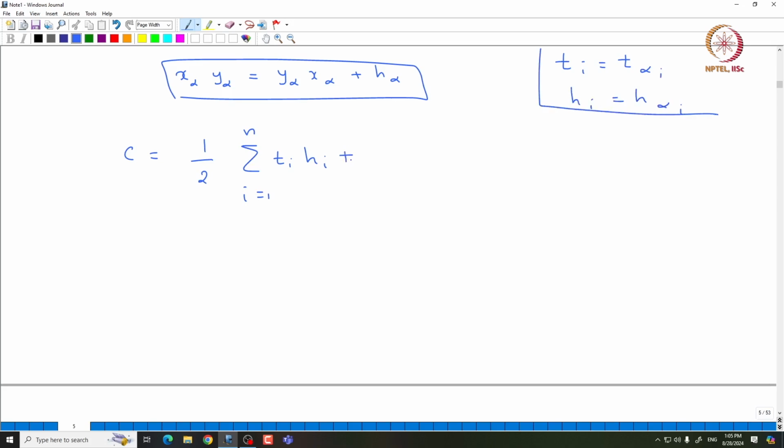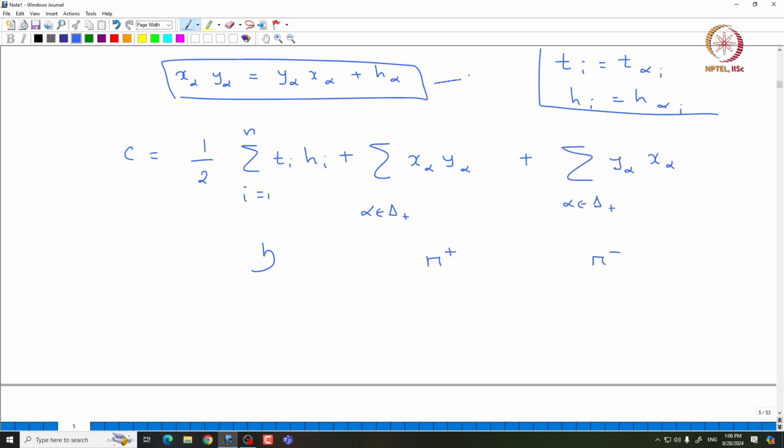So the first summand is ϰ times the summation of t_i h_i, and in the second summand we will have the summation of x_α y_α, α in Δ+. This corresponds to h, this corresponds to n+, and then we will have y_α x_α, α in Δ+, which corresponds to n−.